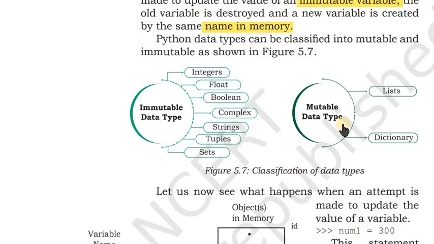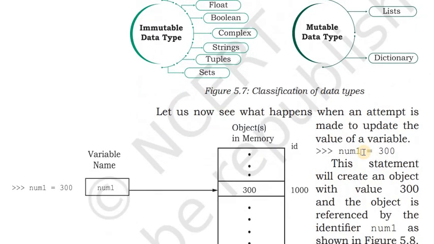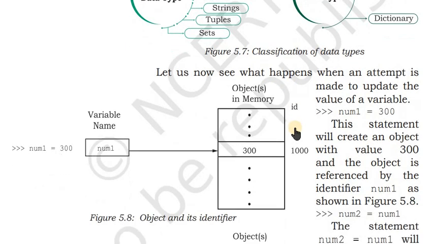Mutable data types, whose value can be changed after assignment, are list and dictionary. Classification of data types is now over.